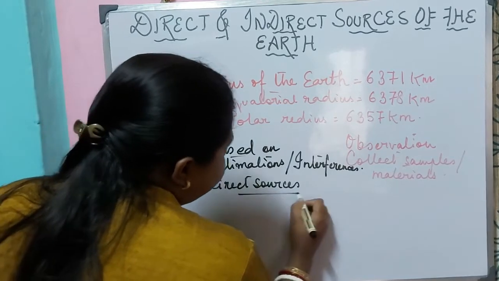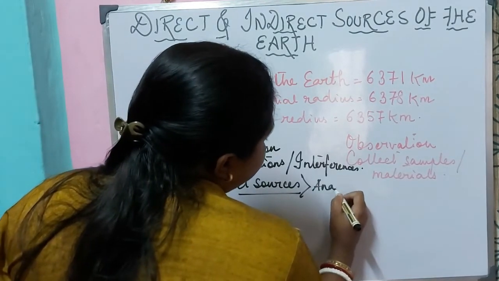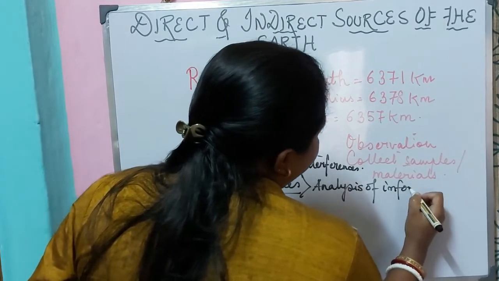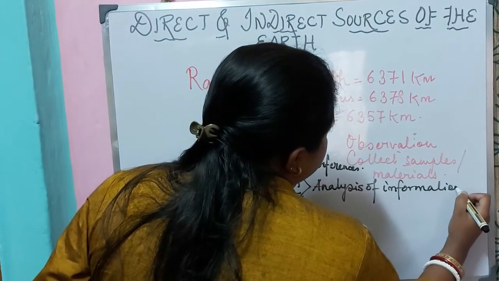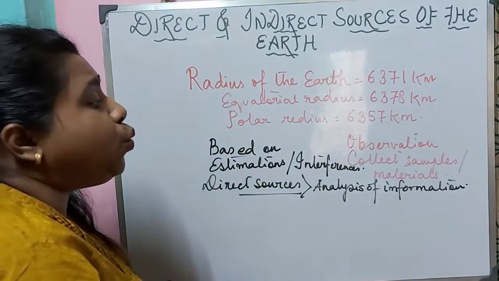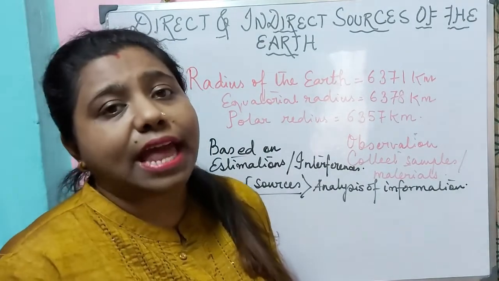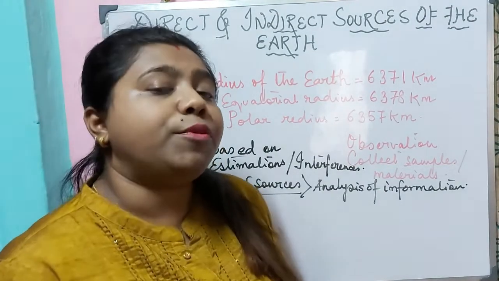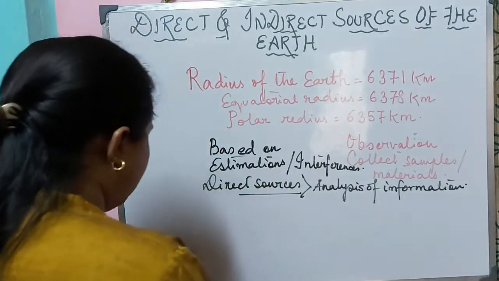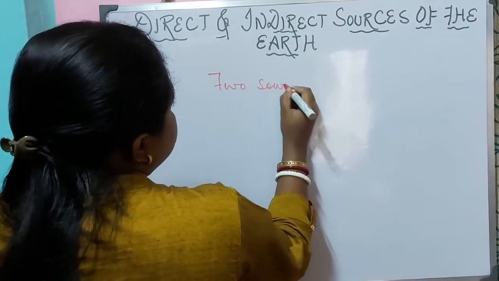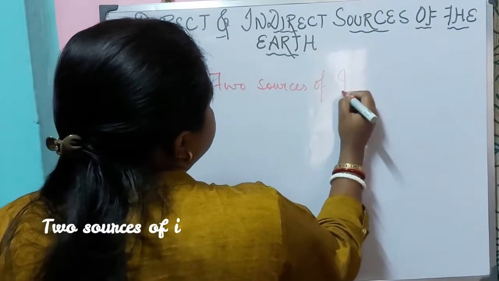And these sources of information can be used for analysis. So there are two sources of information by which we can gather different evidences about the interior of the earth. Now, what are the two sources of information?